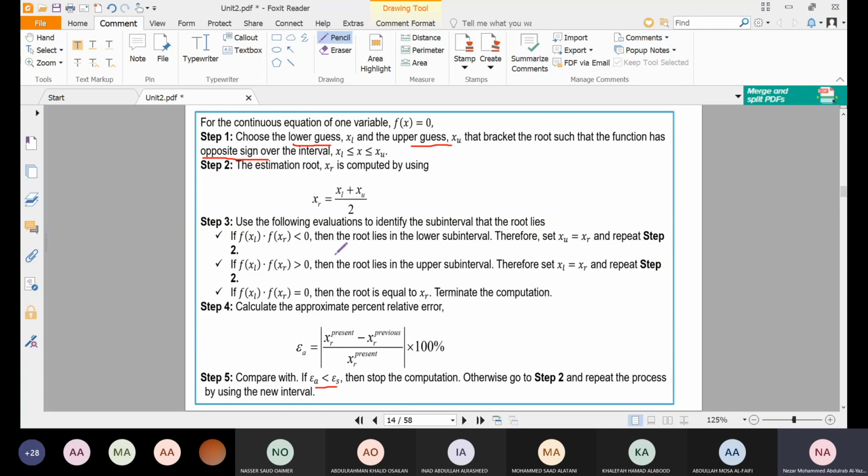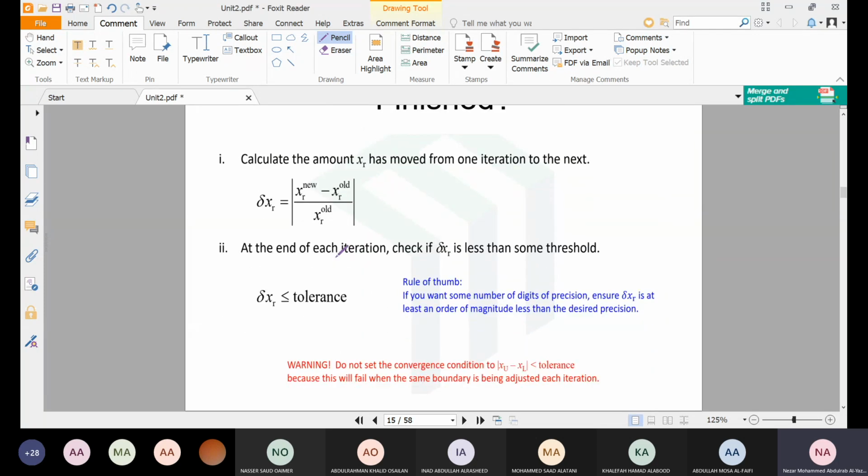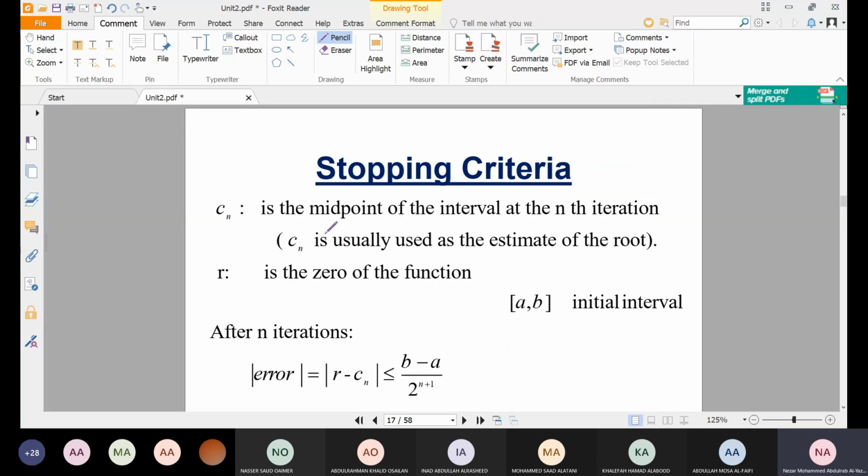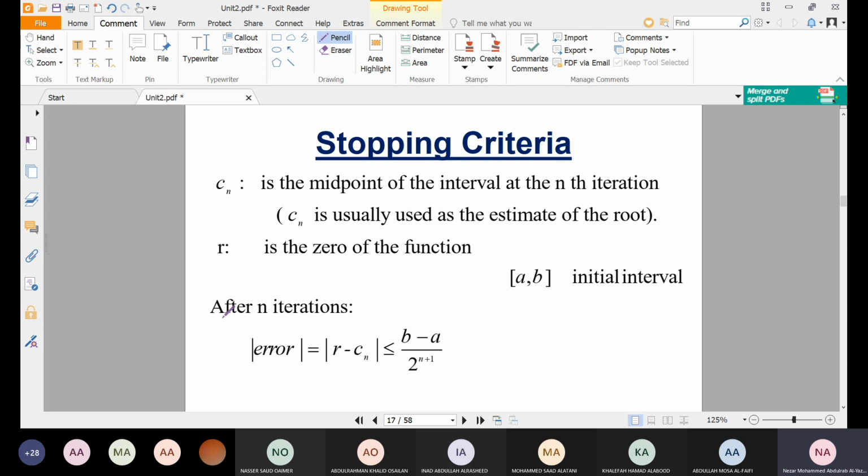So regarding the stopping criteria, we have different stopping criteria for the bisection method. Usually, we should guarantee that the error is equal to or less than (b minus a), the upper bound minus the lower bound, over 2 to the power n plus 1, where n is the number of iterations.